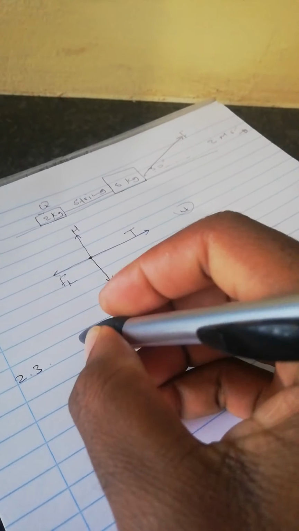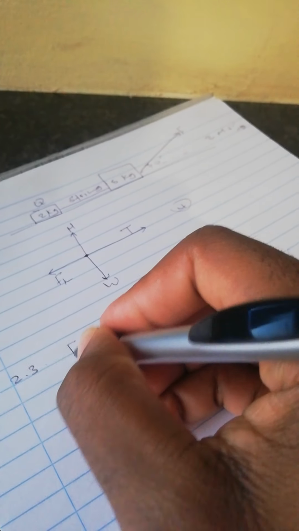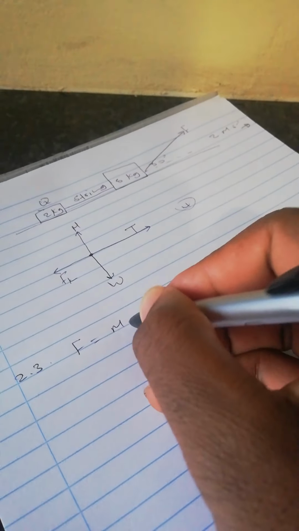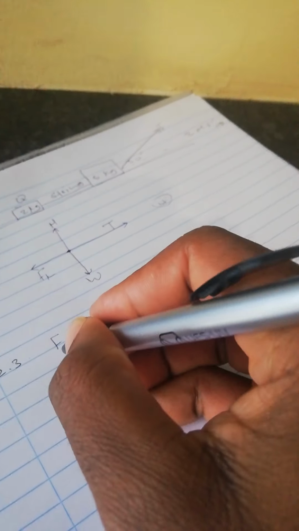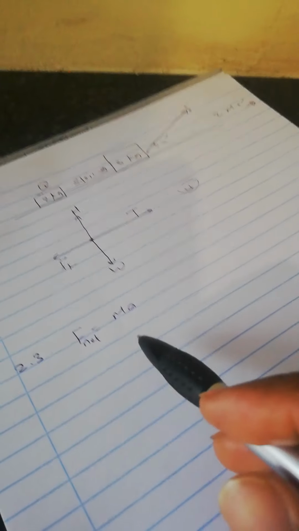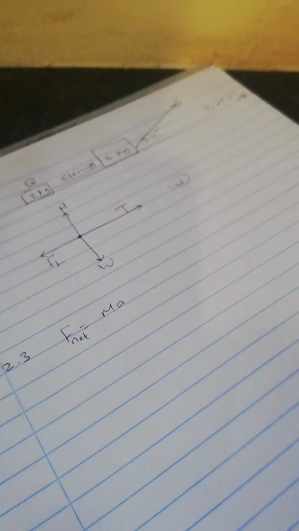So we'll just say you know that force is equal to mass times acceleration, and this must be the net or total force which will accelerate this object.